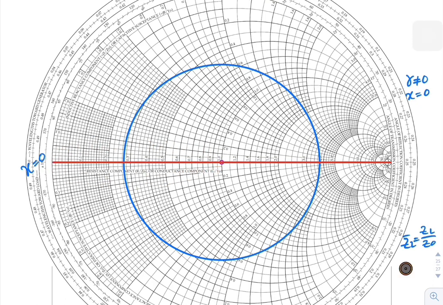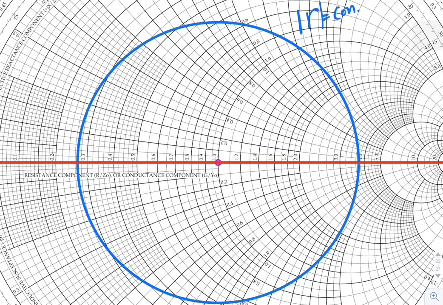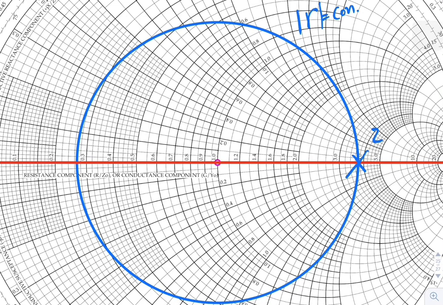Anyway, without changing the reflection coefficient, if you want to move on a transmission line, you have to move on this circle, which is in blue color, which represents mod gamma equal to some constant. Now on a transmission line, let us say this is our normalized load impedance, which is real. If you want to get a real value again, you have to travel a distance of lambda by 4 on the transmission line.